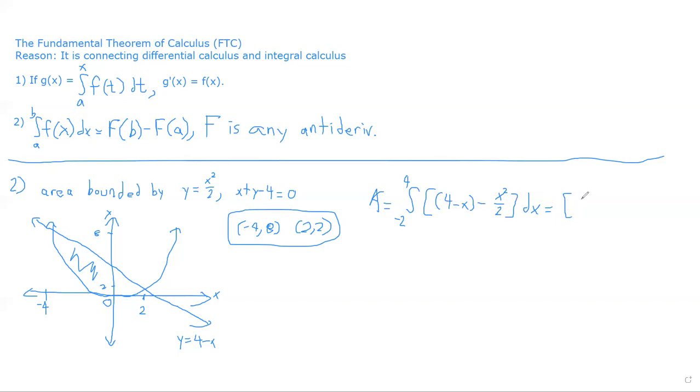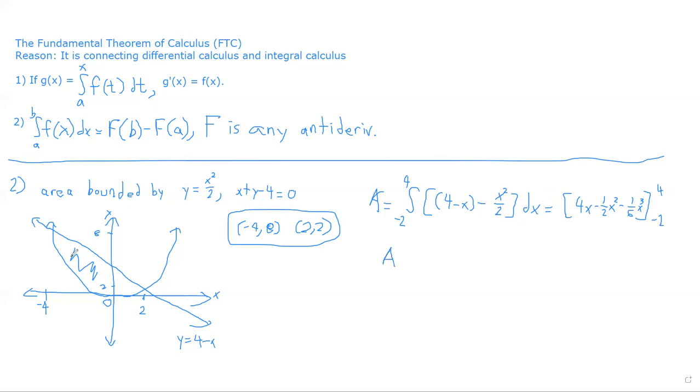So the antiderivative of 4 is 4x. The antiderivative of negative x is negative 1 over 2 x squared. And for negative x squared over 2, it is negative 1 over 6 x cubed, from negative 4 to 2.